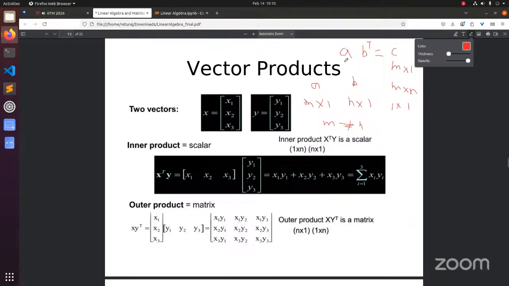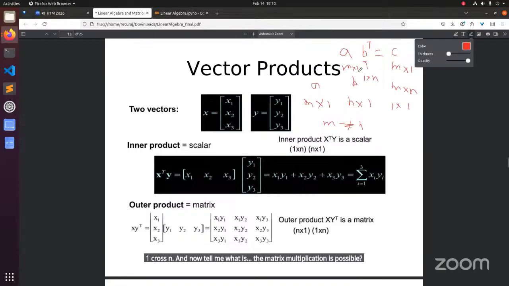Now let's write it. So A is M cross 1, B transpose is 1 cross N. And now tell me, is the matrix multiplication possible? Yes, sir, because N equal to K, 1 and 1.